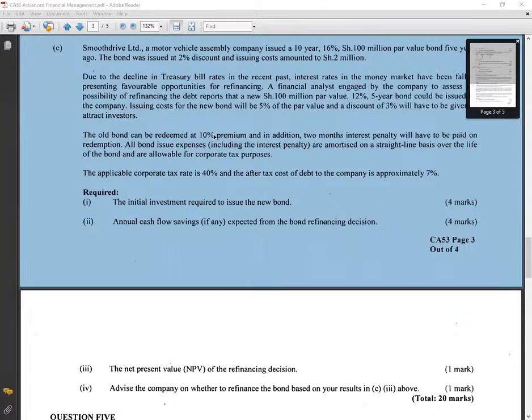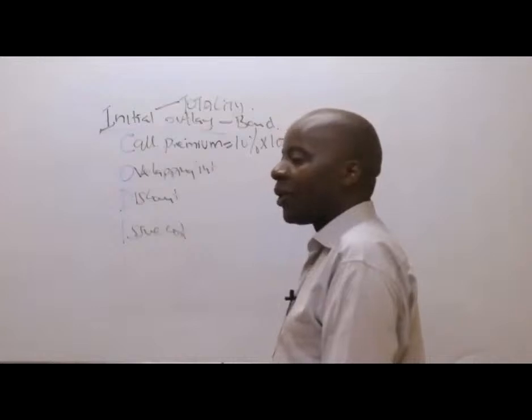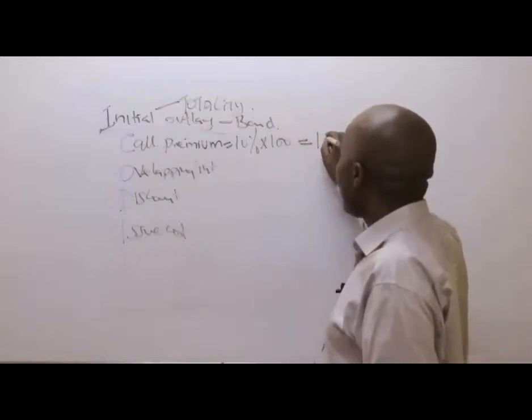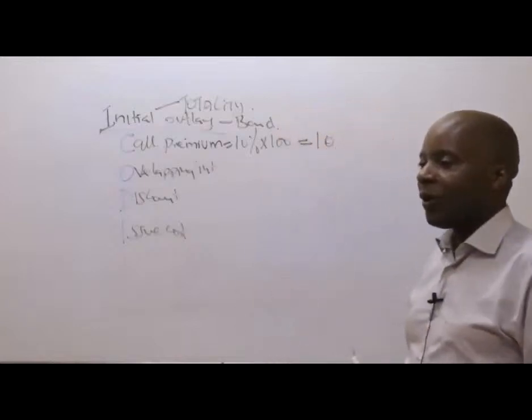Give us something on top of the par value, and this something is 10%. Therefore, the call premium will be 10% of the par value, which is 100 million. So 10% of 100 million gives us what figure? Somebody here gives us 10. 10% of 100 million gives us 10.